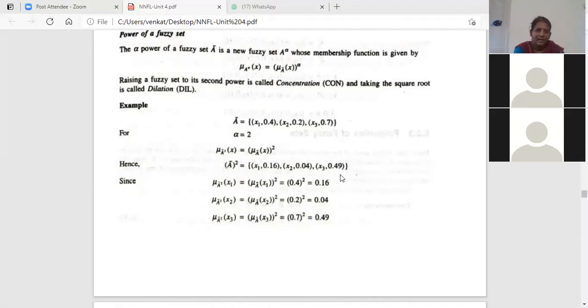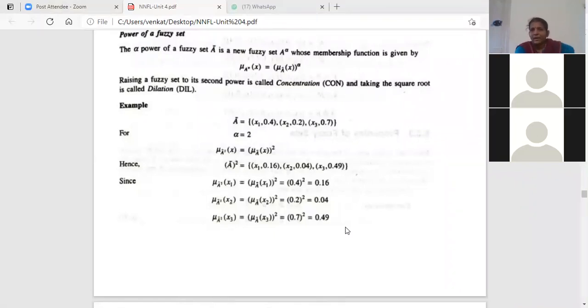Similarly, if you are evaluating the square of all the membership function values, you'll get the solution: x1 comma 0.16, x2 comma 0.04, x3 comma 0.49.